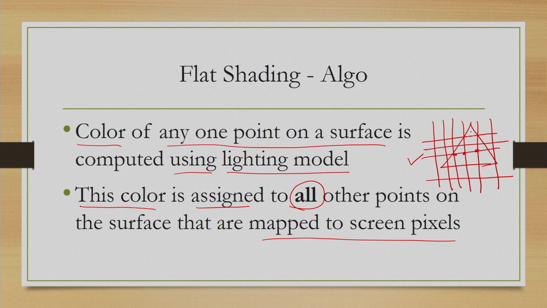Suppose the color at this point is C, then we use this color to set the color values of all other surface pixels. For example, these three we set as C.